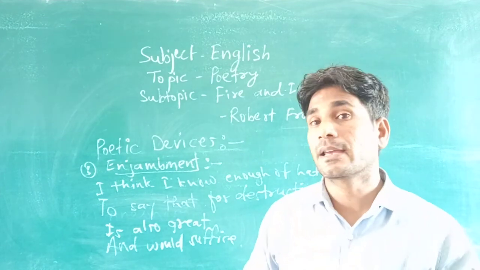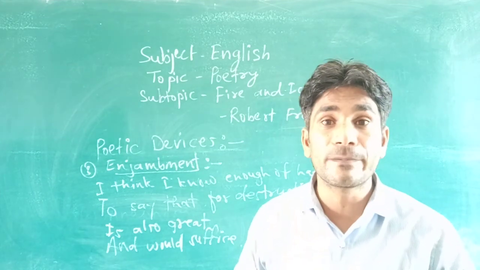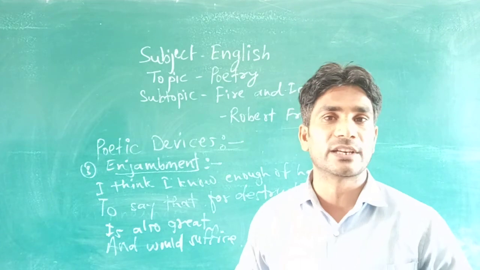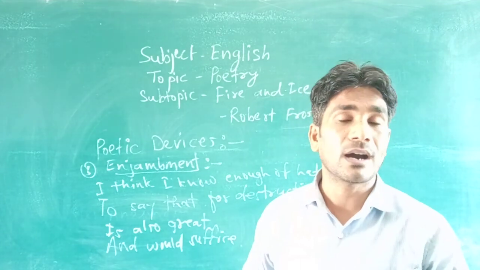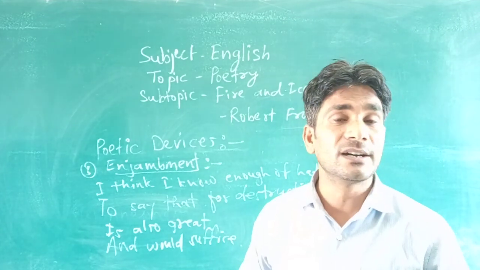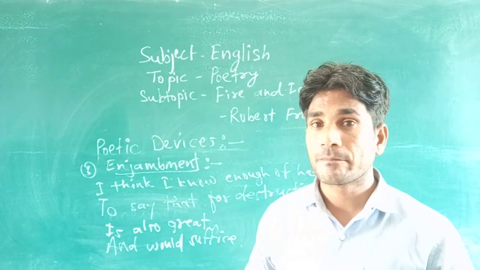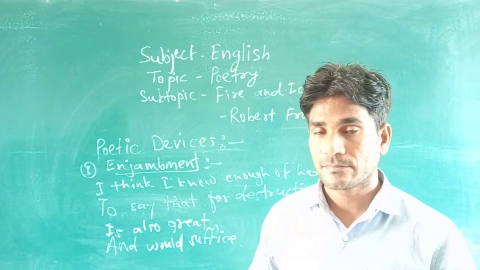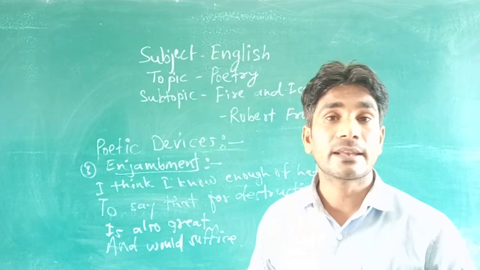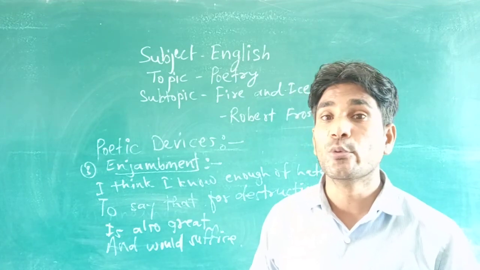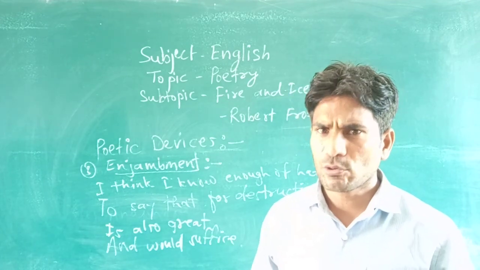Okay, another one is personification. Personification is also there in this poem. How is it personification? Here fire and ice, inanimate objects, are given the qualities of a human being. What qualities?